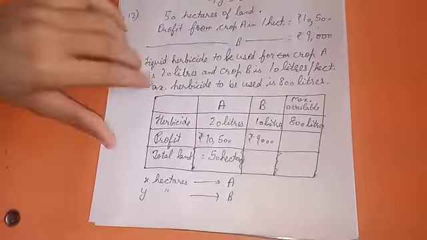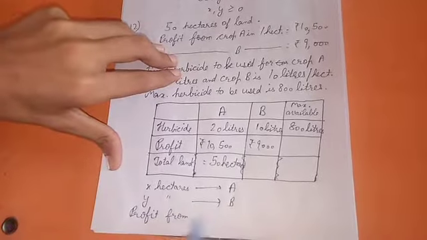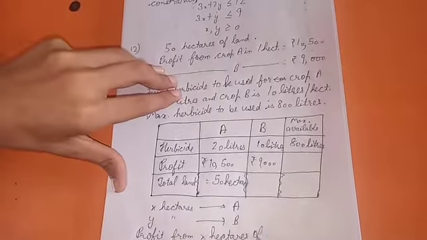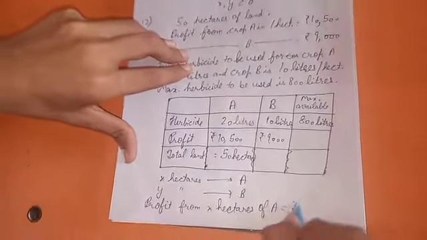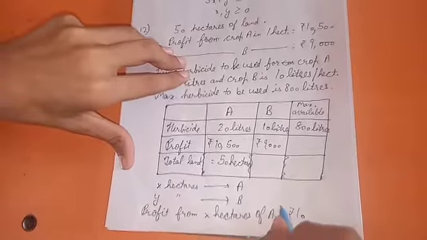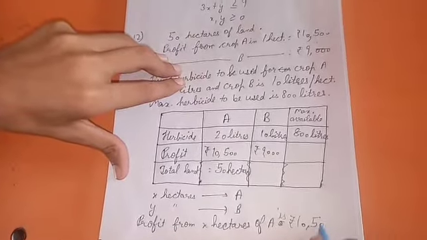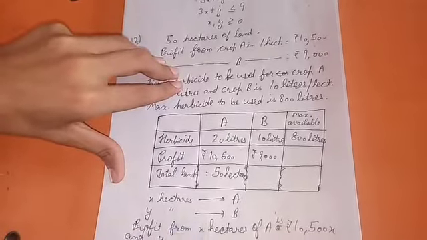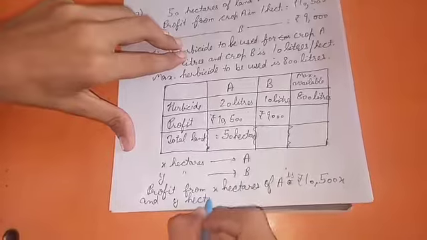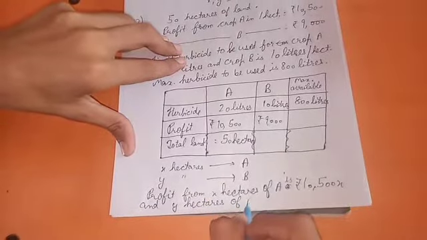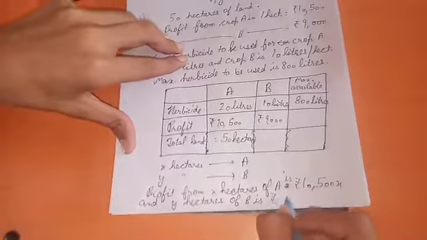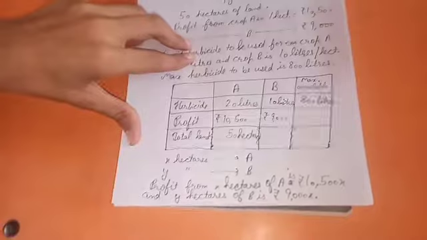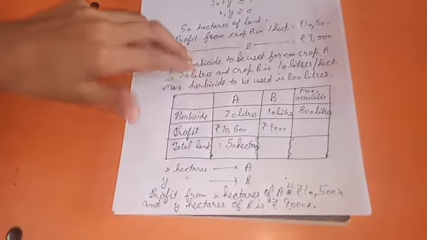Profit from x hectares of A is equal to rupees 10,500 x, and y hectares of B is rupees 9,000 y.